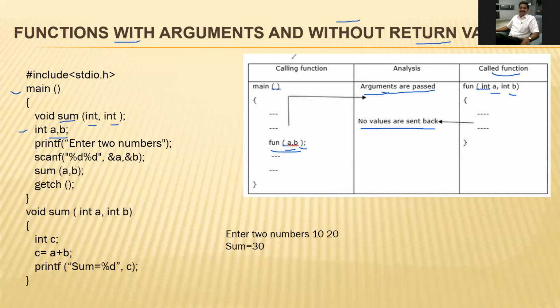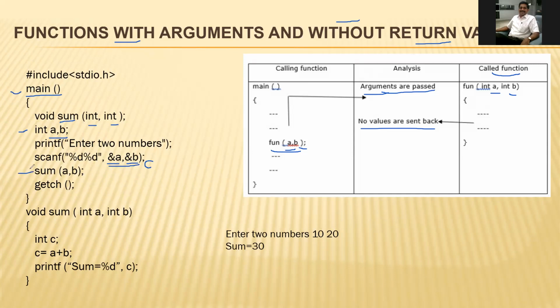See, in our last category we wrote this statement in the sum function, but now we are taking the values in the calling function. Main function is the calling function, so we specify A and B here, and we take the values from the user.